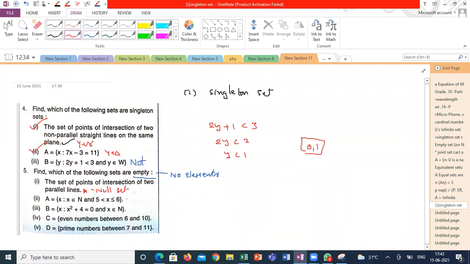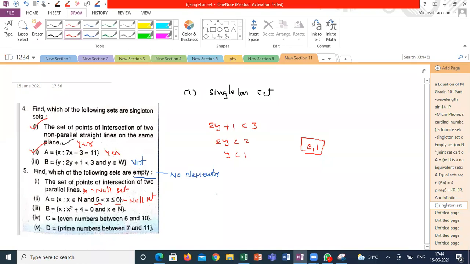What about the second one? There are no natural numbers between 5 and 6, correct? Sir, I have a doubt. Sir, is null set also a singleton set?